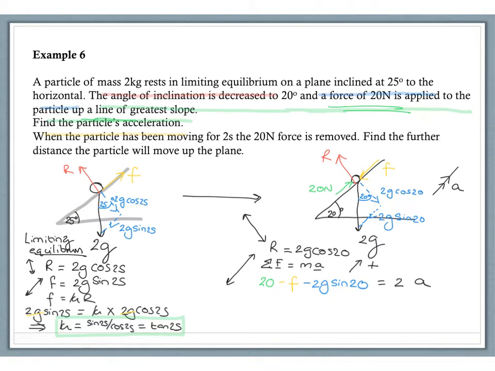But of course F is equal to mu multiplied by R, and we know what mu is and we know what R is. So we can replace F with tan 25 multiplied by R, which is 2g cos 20. Take away 2g sine 20, which equals 2a. And from here we can calculate the value of a, which works out to be 2.3539..., which we can round to 3 significant figures.